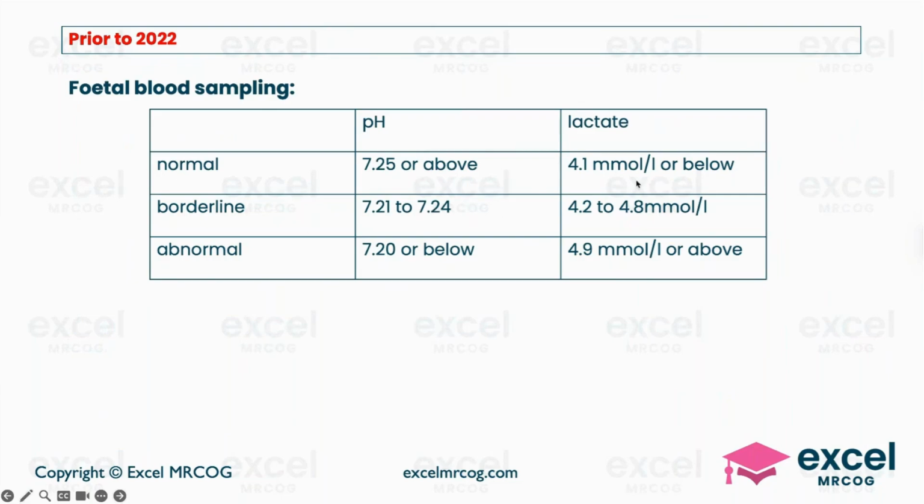Similarly for lactate, 4.2 to 4.8 is what I remember, and anything more than that is acidotic, anything less is normal. If I see these values, I will repeat in 30 minutes for a total of 2 samples. If I see this, I'm going to deliver now. If I see this, I will repeat in 60.